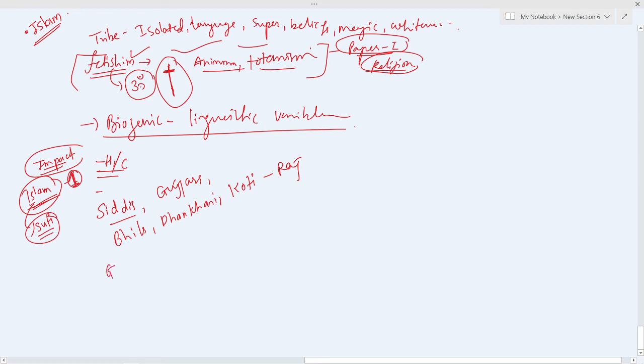Then Gaddi and Bakarwal from Jammu Kashmir also came under the influence of Islam through Sufi saints. The only place where people have completely converted to Islam is Lakshadweep.